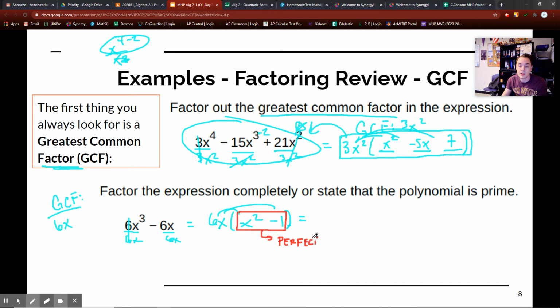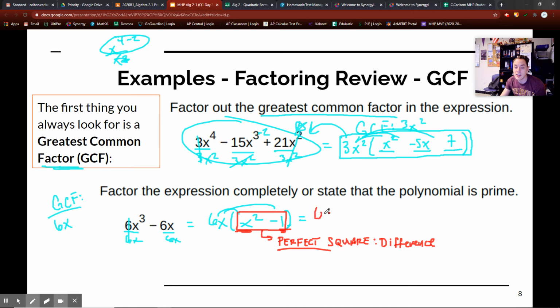Or sorry, a difference of perfect squares. The reason why it's a difference is because obviously the minus sign. Why is it perfect squares? Because both of these terms, the x squared and the 1, are perfect squares. That means I can square root them and I get an answer. I can square root x squared and I get x. I can square root 1 and I get 1.